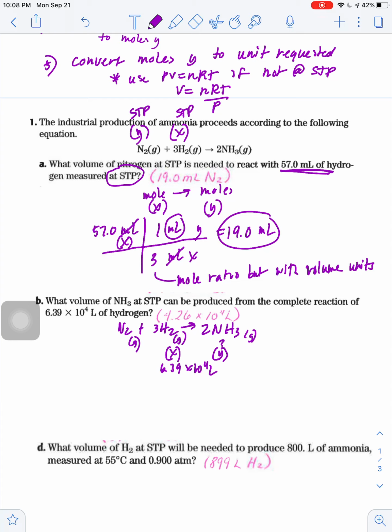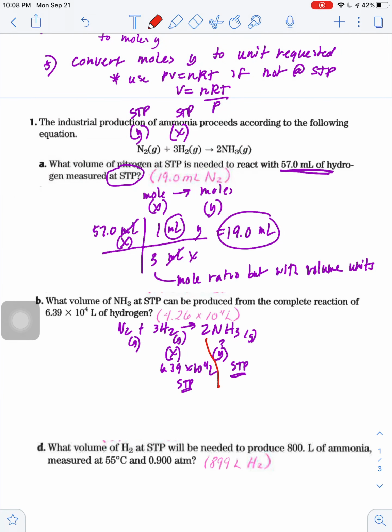Okay, we need to keep track of the conditions though. The ammonia is at STP. Is that the same for the hydrogen? What volume of ammonia at STP can be produced from the complete reaction of that much hydrogen? It doesn't say anything else, so we can assume that that's also at STP.